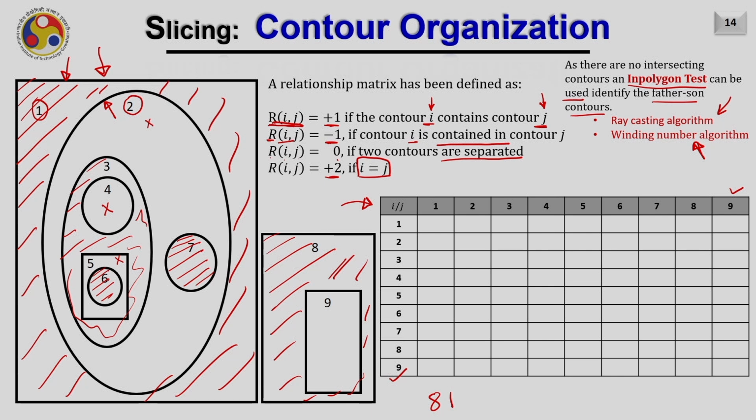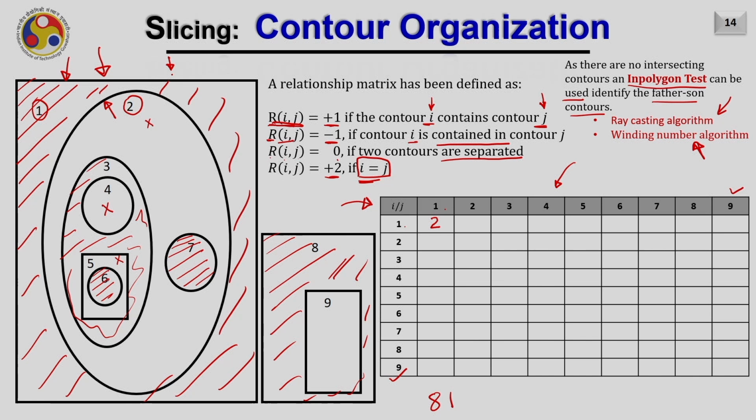Now, let us fill the relationship matrix. For this particular cell, i is 1, j is 1. That means i is equal to j, hence we have to write 2 here. Then let us consider the next cell. i is equal to 1 and j is equal to 2, and the ith contour is containing the jth contour. You can even see it here also.